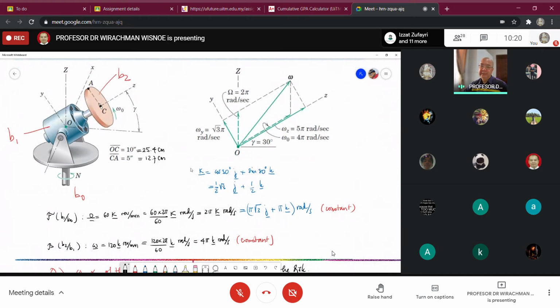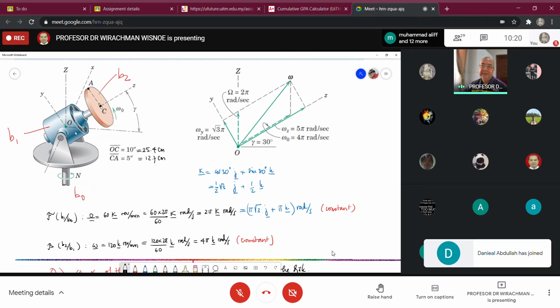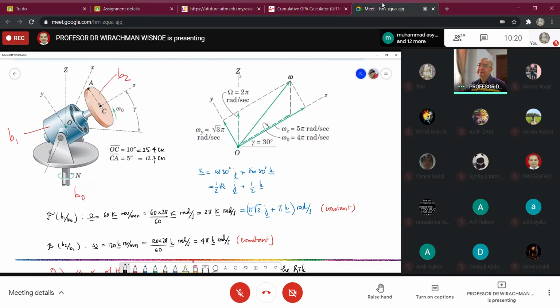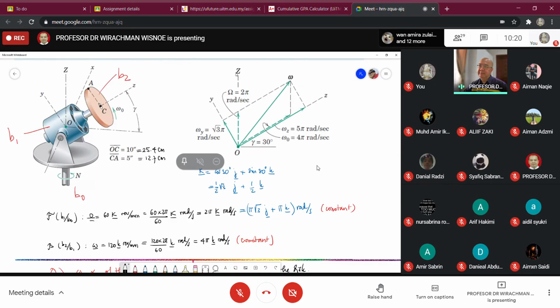You need to know the relation. In this case, the body frame and the fixed frame do not coincide. One is vertical, and just see the Z here. One is vertical, one is inclined with an angle of gamma here. So gamma, according to the problem, is 30 degrees. So if you see this one, this is the capital Z axis.